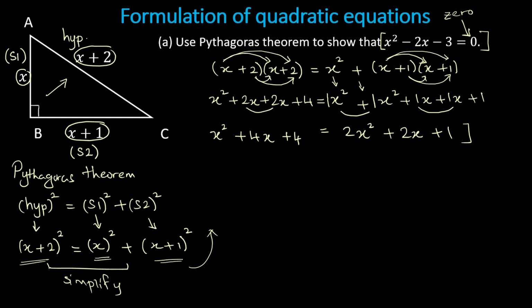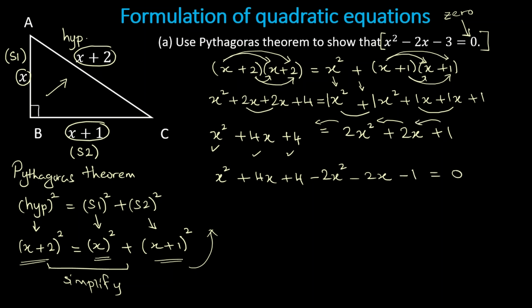On the left hand side here I have x squared plus 4x plus 4. Then I send the positive 2x squared there, it becomes negative 2x squared. The plus 2x there, it becomes minus 2x. The positive 1, it becomes negative 1, then equals 0.